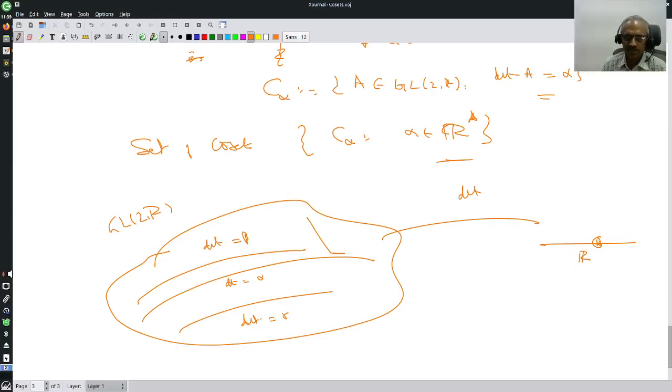The determinant is a function, so it takes a unique value. Therefore something here and something here will have different values, they cannot have a common element. If the determinant of this must be beta and the determinant of this must be alpha, and alpha and beta are distinct, they are distinct.